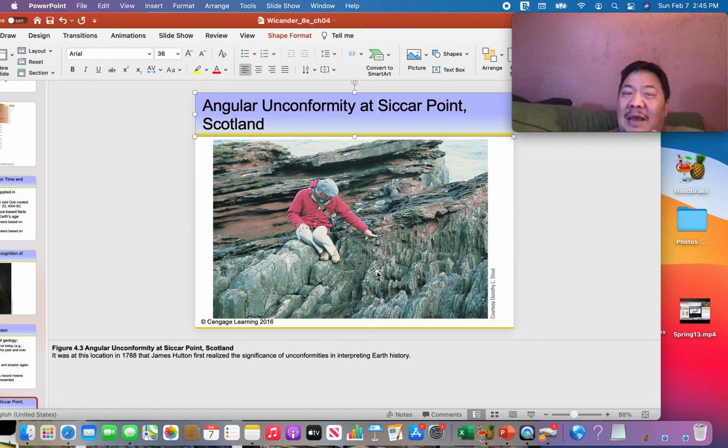And so that's how Hutton knew the Earth has to be unimaginably long. How much time does it take for a mountain range to rise out of the ground and be worn down flat to form a surface like this? Hundreds of millions of years. Think about it. The Appalachian Mountains are 290 million years old, and they're still here.